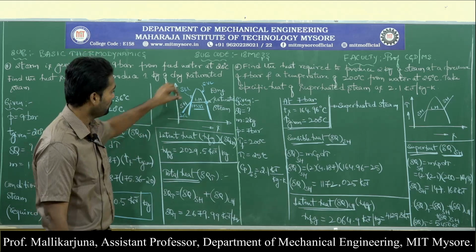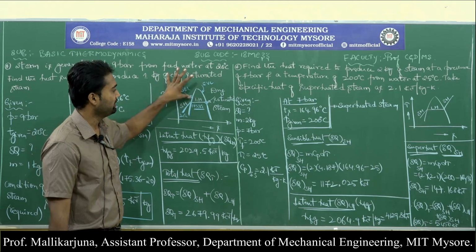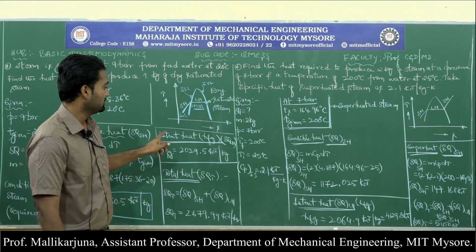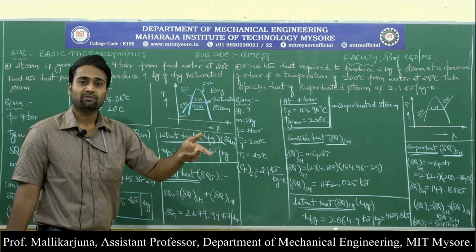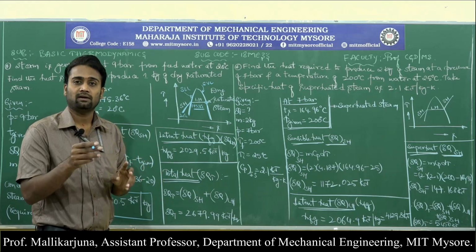So this is the sensible heat, which is responsible for taking the water to its saturation state. Now we are at this condition. We have calculated sensible heat. Now I need to calculate latent heat, which is responsible for phase conversion. For latent heat, make sure no pressure variation and no temperature variation is happening over there, but phase conversion is happening.